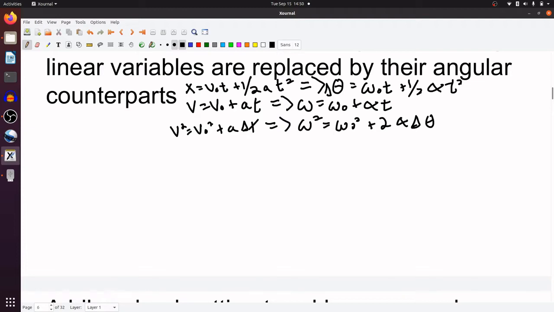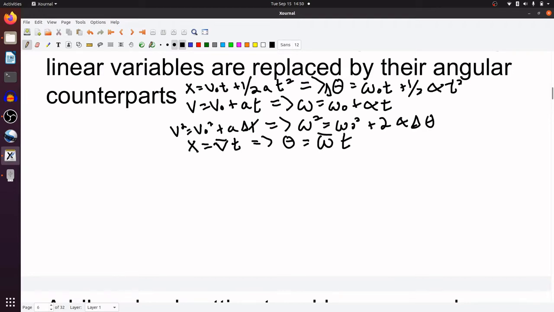So as you can see, each of the linear equations that we used, and this isn't really all of them, this is just some of the basics, becomes angular. Even something as simple as x equals your average velocity times time becomes theta equals your average angular velocity times time.